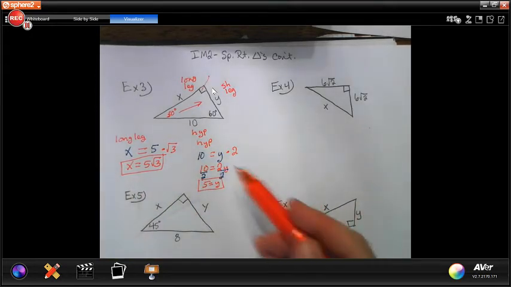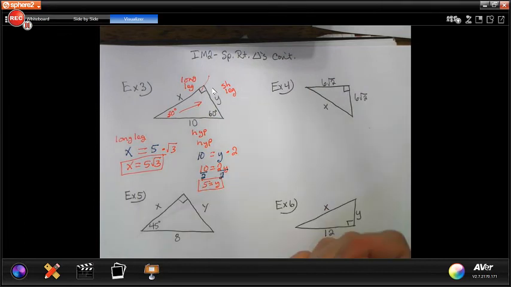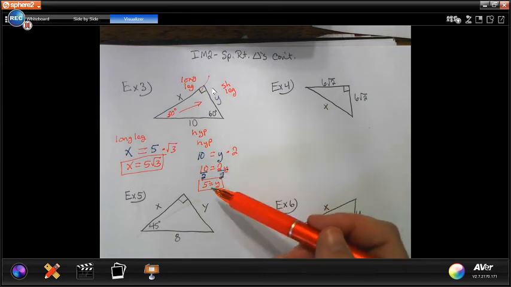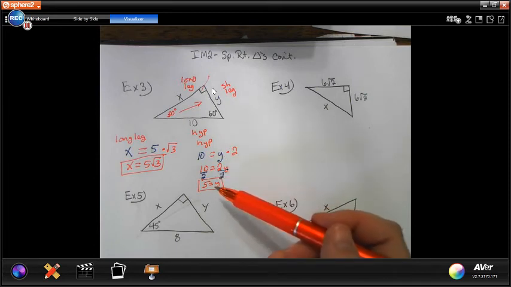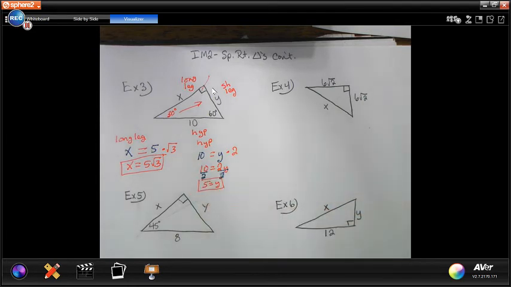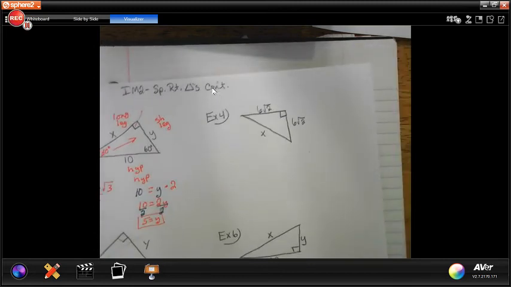Notice I had to find y before finding x, and that happens a lot on the assignment. Always make sure that you put things in the right spot. If you find y first, make sure to put it in the y spot and not the x spot. Even though you find y first on a lot of problems, you have to input it in the right place.